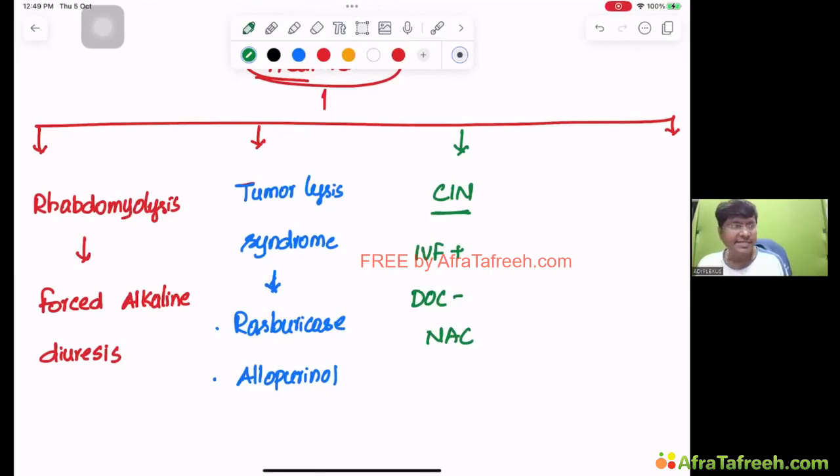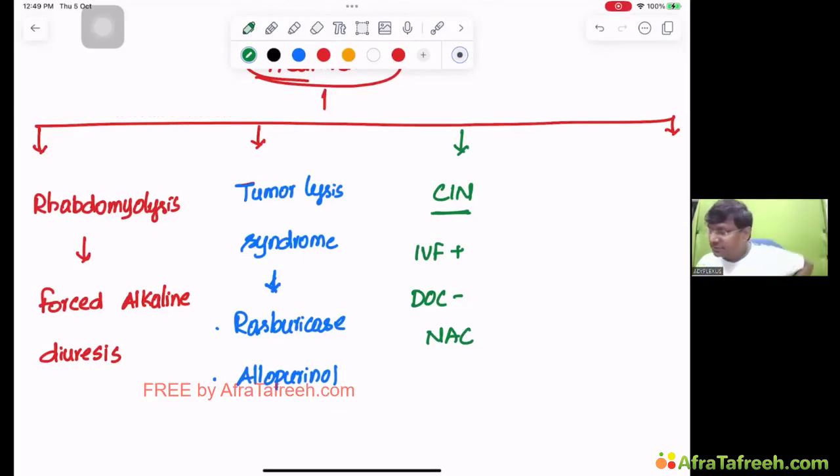Actually, N-acetylcysteine is the drug of choice for which poisoning? Paracetamol poisoning, right? And here also we give N-acetylcysteine, which will eliminate the contrast.